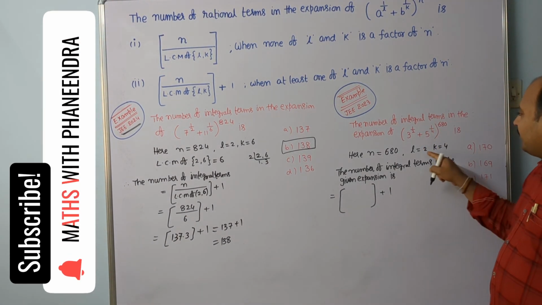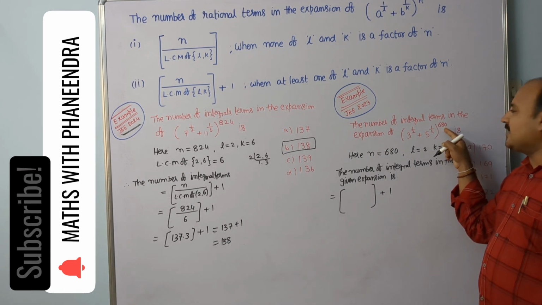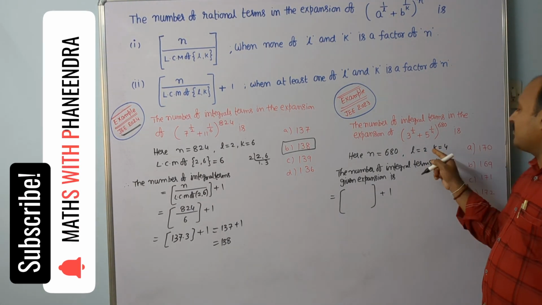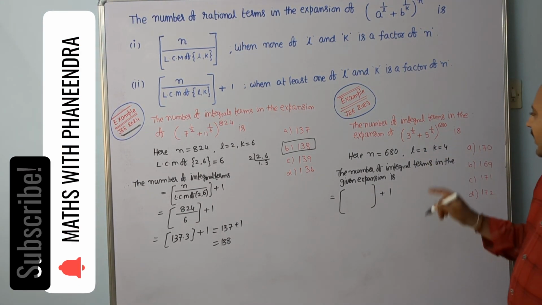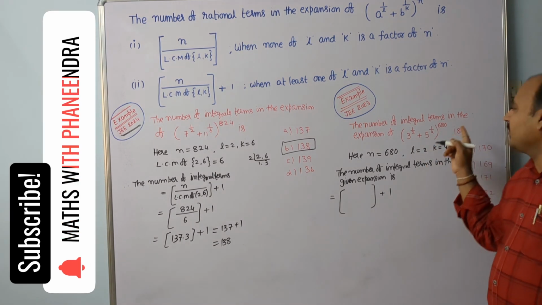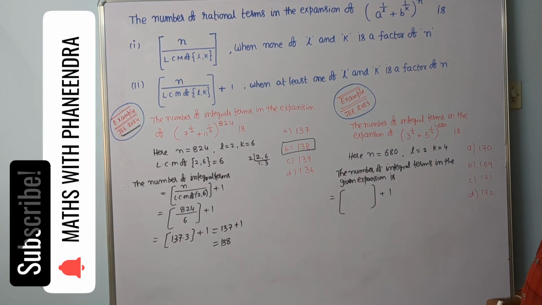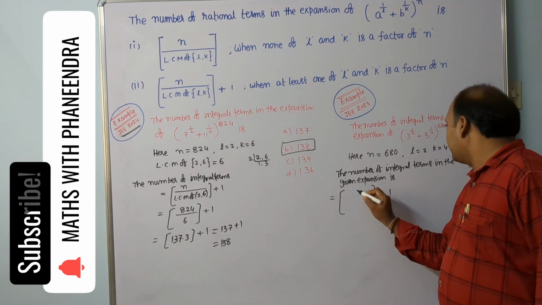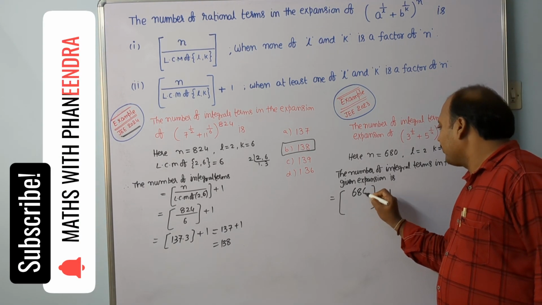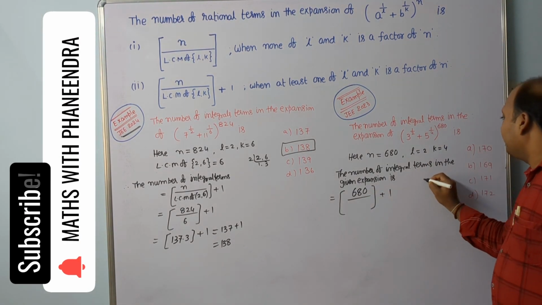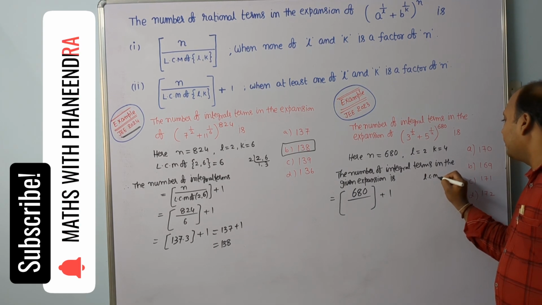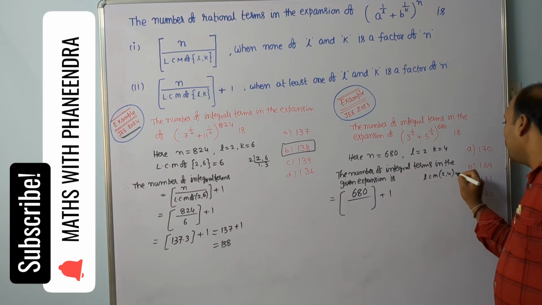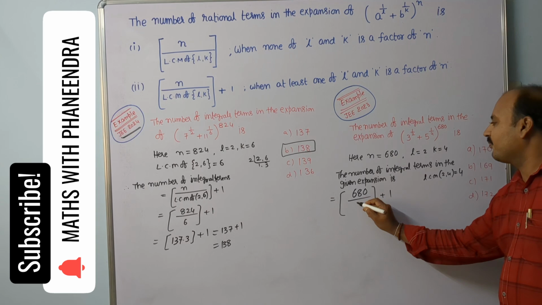Whenever at least one of 2, 4 is a factor of 680, 2 is a factor. Even 4 is also a factor of this one. So n means what here? 680. LCM of 2, 4 is equal to 4.